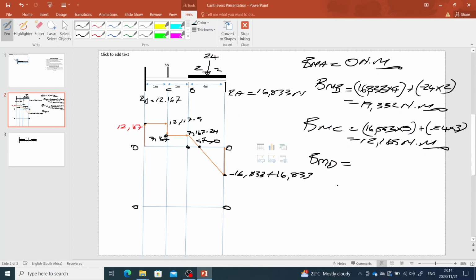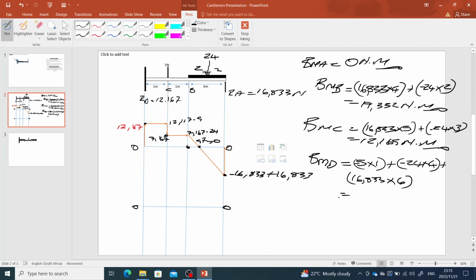Bending moment at D, it will be negative 5 multiplied by 1 plus negative 24 multiplied by 4 plus RA, it's an upward force, it's a positive one, 16,833 multiplied by 6.